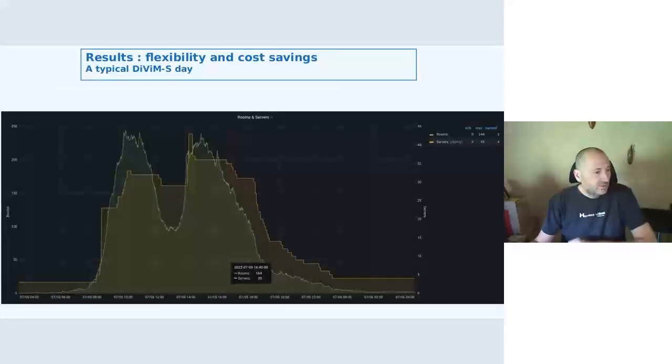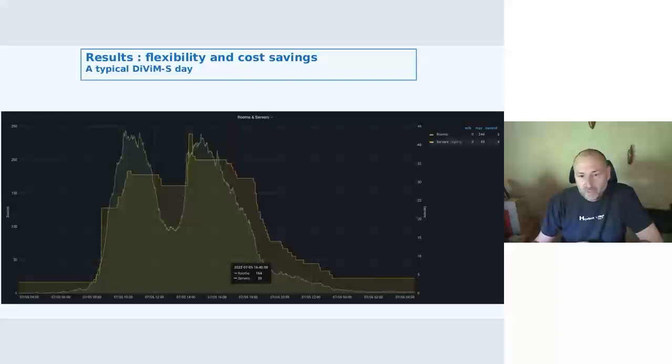So what are the results? What happens when DiViM-S is integrated into a Scaleway pool? You can see on this diagram a typical DiViM-S day for the French ministries agents pool.